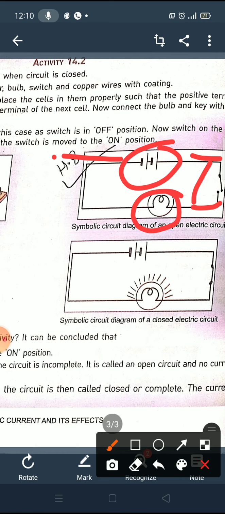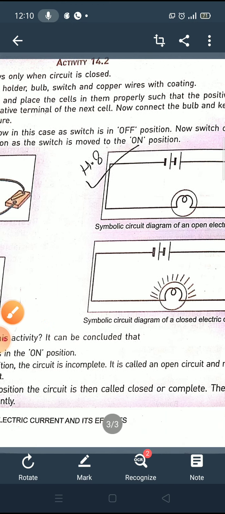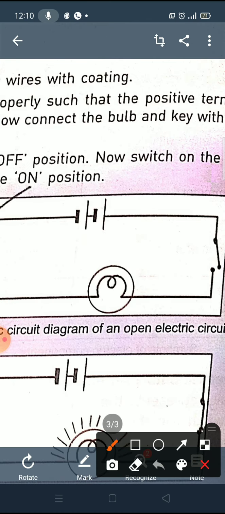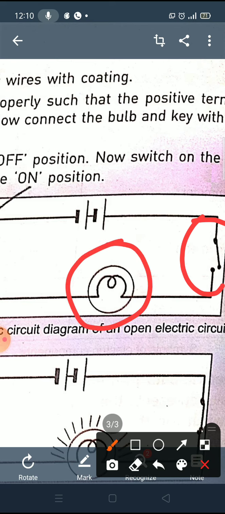Now have you noted anything? What have you noted? Yes, it is right. Here you can see this side is open. That is why the bulb is not glowing. It means it is an open circuit.